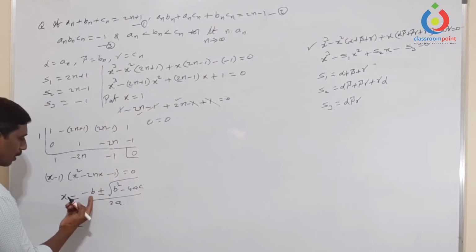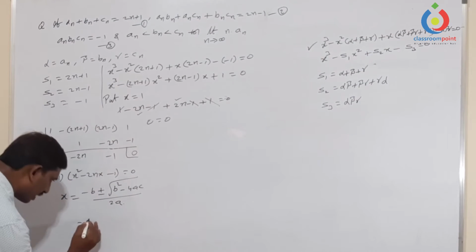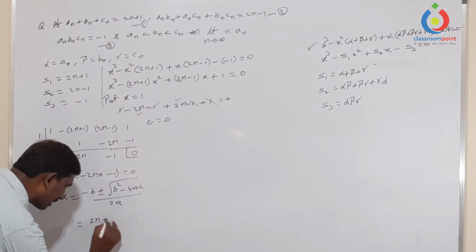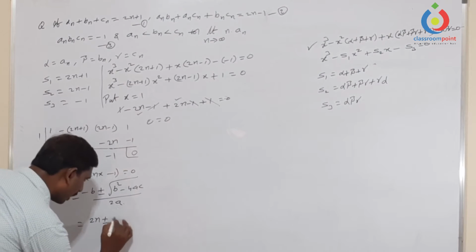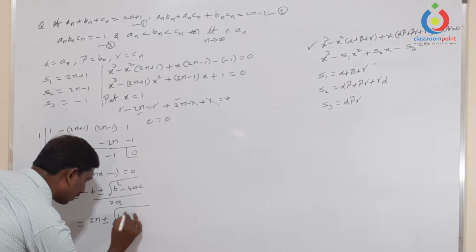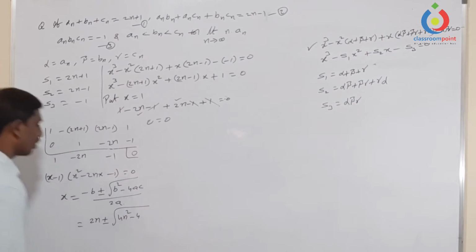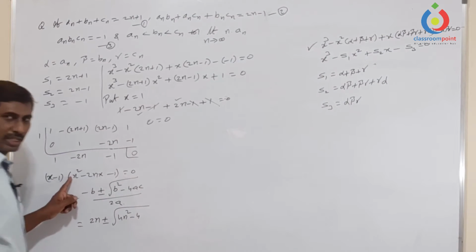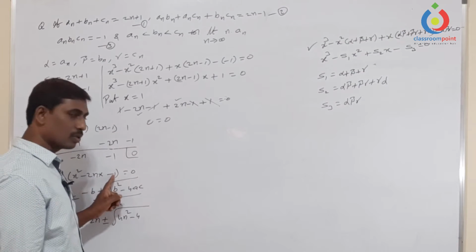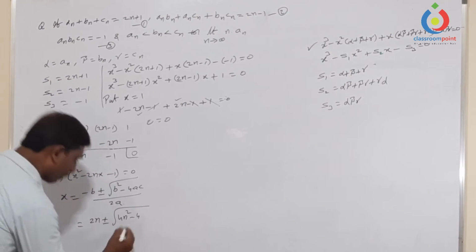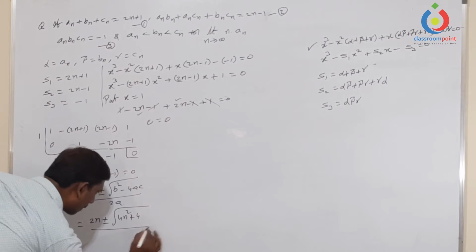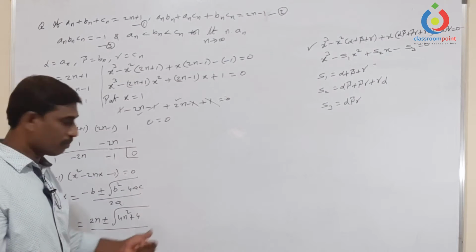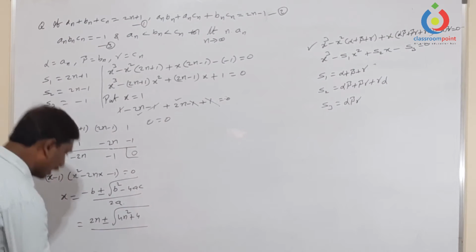Apply in that: in the place of b, minus 2n, so 2n plus or minus under root of 4n square minus 4ac. The x square coefficient a is 1, the constant c is minus 1, minus into minus is plus, so 2 into 1.